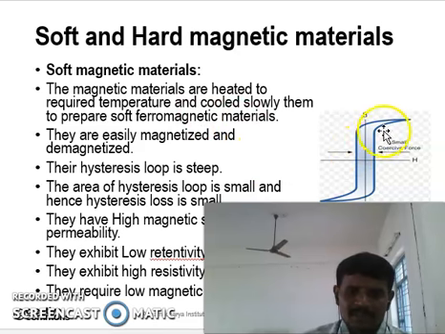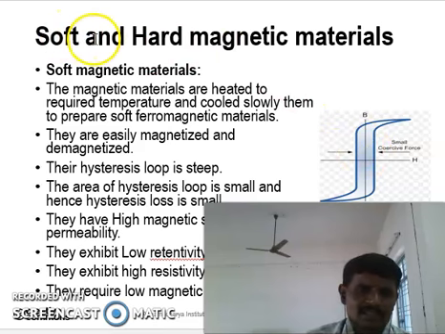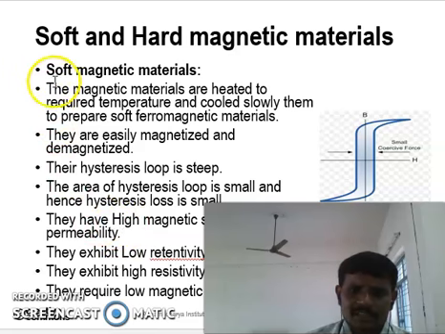The formation of the curve is small in size. Such magnetic materials are known as soft magnetic materials. The examples of soft magnetic materials are iron, nickel, cobalt and their alloys.